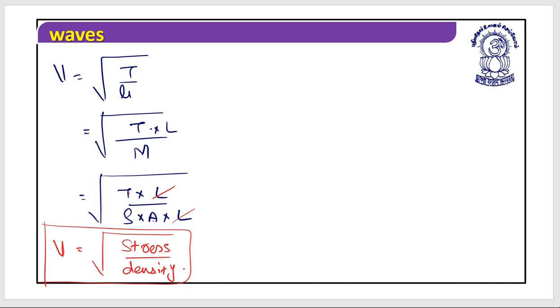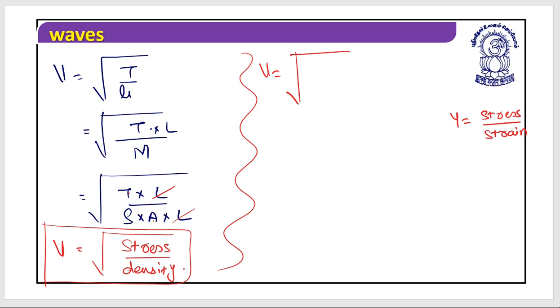I hope this is clear. Is it clear? Yes. One more form of this. We know that it's a Young's modulus which is equals to stress divided by strain. So from this it's a stress which is equals to Young's modulus into strain. So this velocity could be written, this stress is equals to Young's modulus multiplied by strain divided by density.